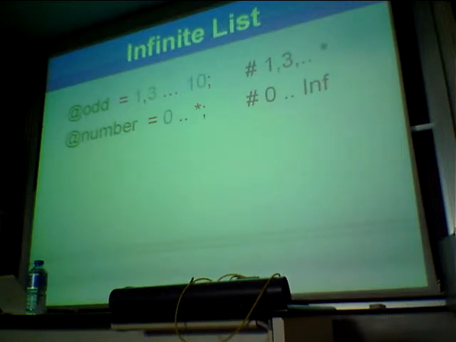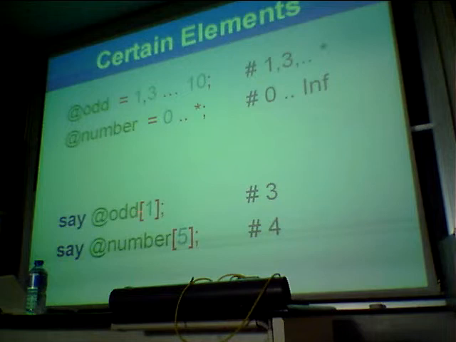Because arrays in Perl 6 just have two parts. They have a storage for the elements, and they have an iterator. And if you say, give me the first, then of course it gives you that. And if you say, give me the fifth element, then it uses the iterator and produces up to the fifth element, just in the moment you want it. It's like in Haskell and the functional programming languages.